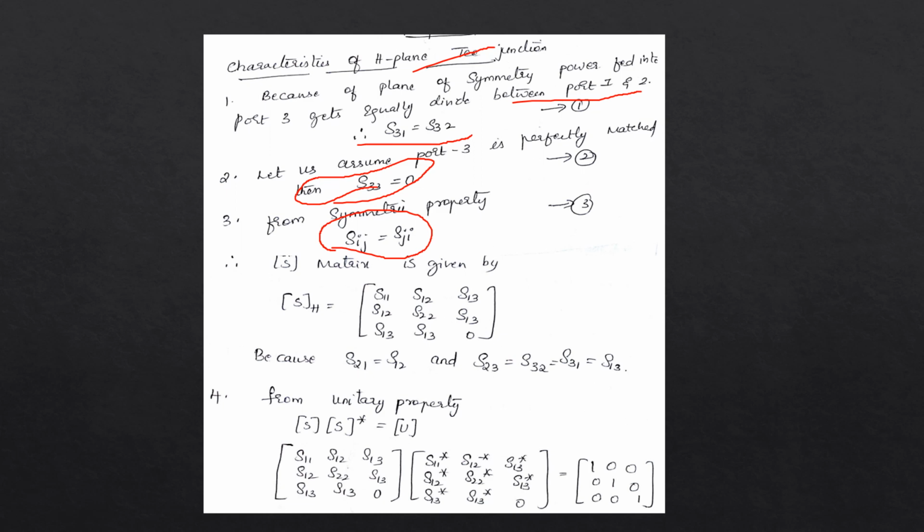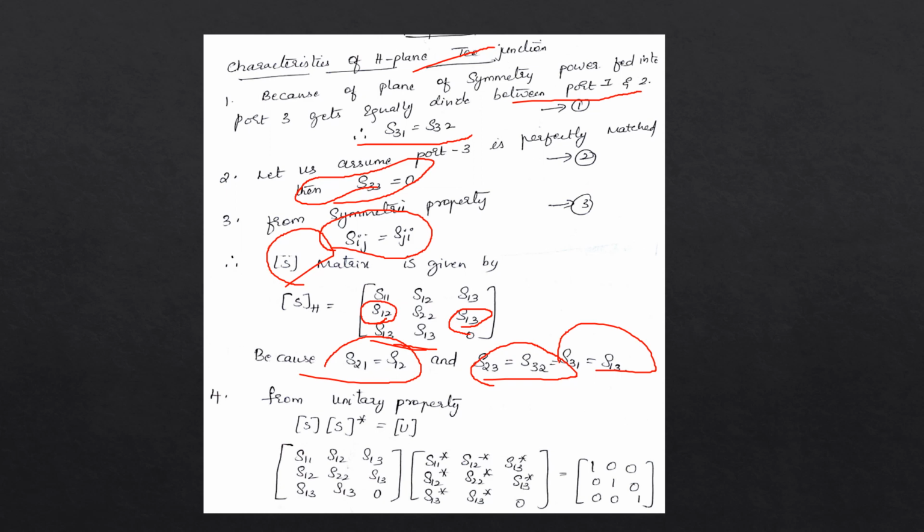We write the matrix for S. It is S11, S12, S13; S12, S22, S13; S13, S13, 0. Here you can see S21 is equal to S12, and S12 is repeated in the place of S21. And S23 is equal to S32 is equal to S31 is equal to S13, and in the place of S23 we have written S13, and even in the place of S32 and S31 we have given the same labeling as S13.